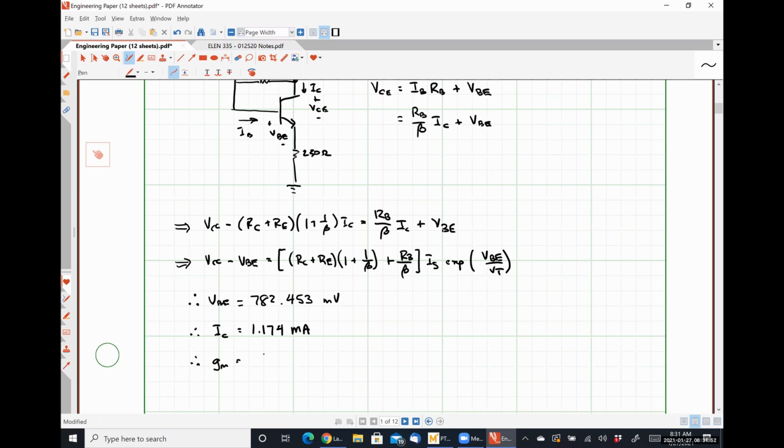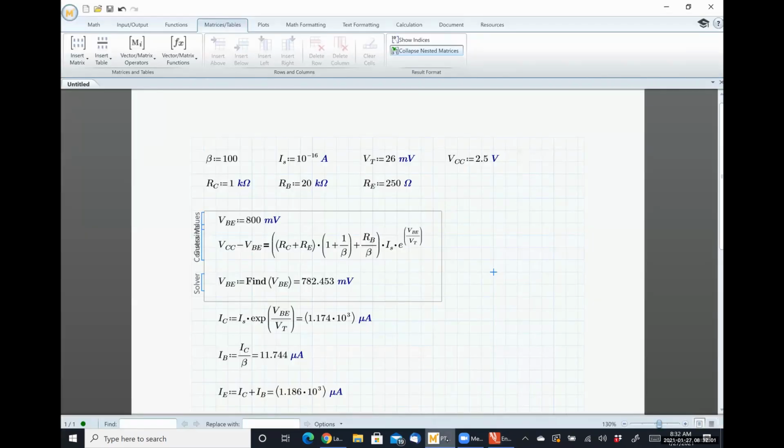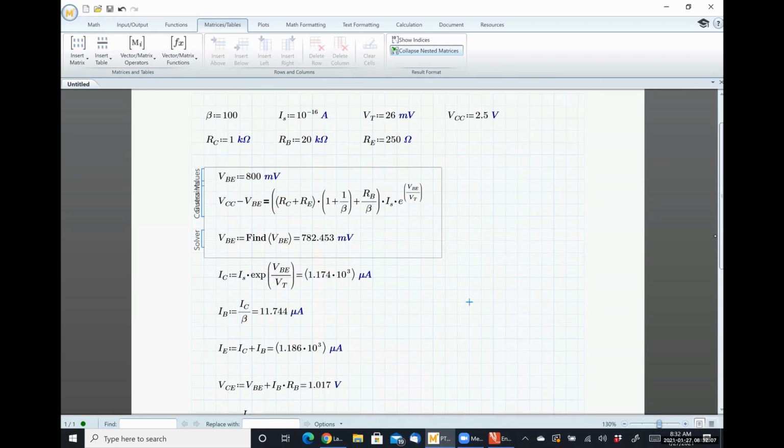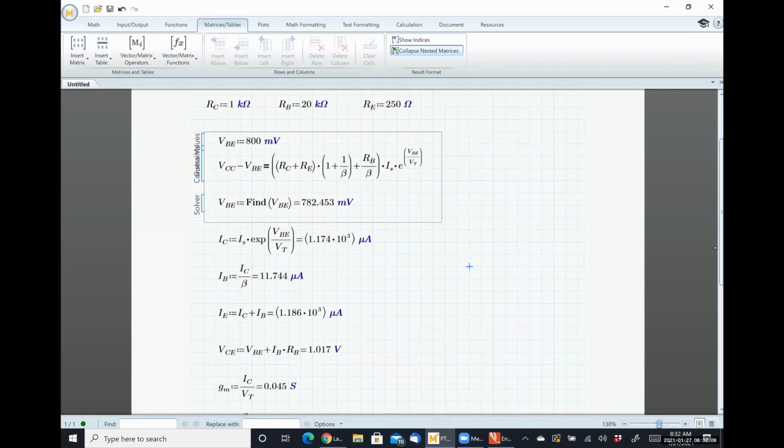So transconductance GM is by definition IC over VT. Scroll down and find that exact number. 0.045 Siemens. Yeah, I'll just use that then.